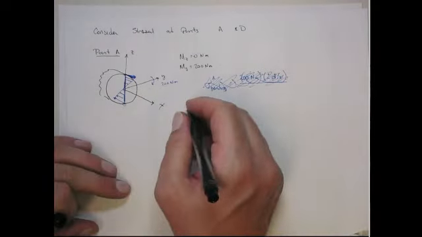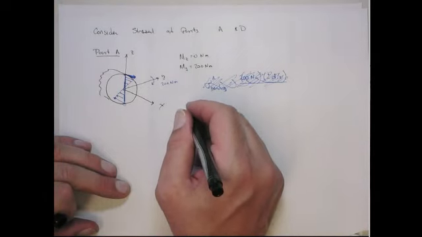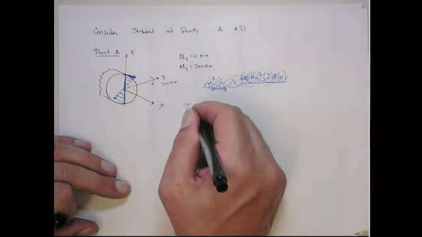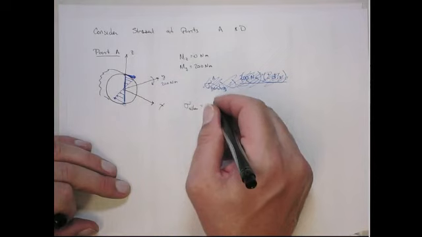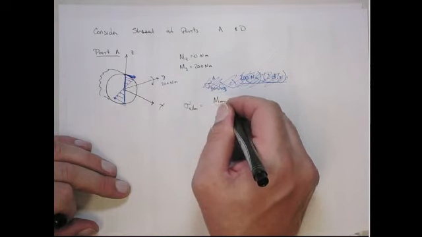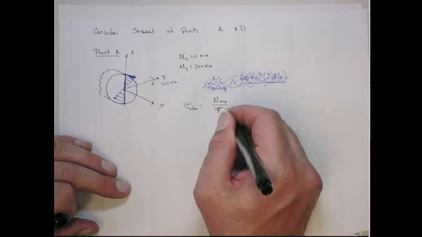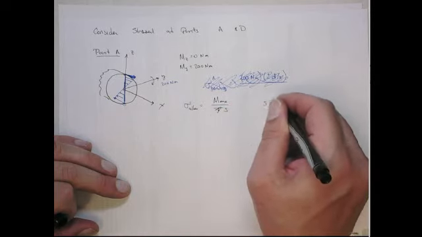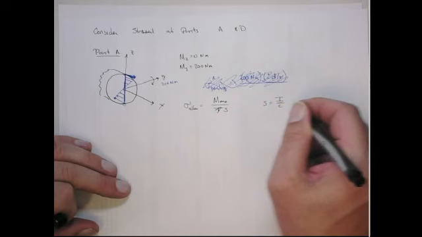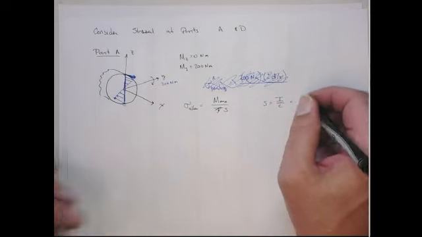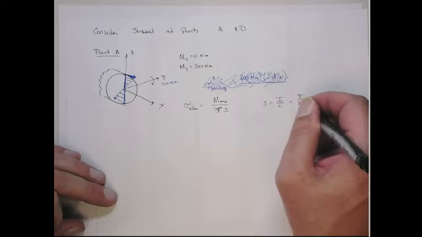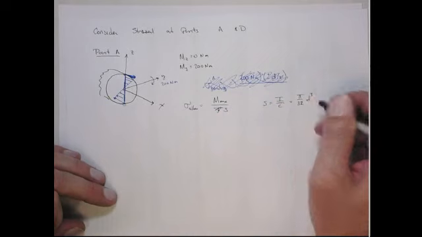So we already figured out that I on C is the pi on 32 diameter cubed.